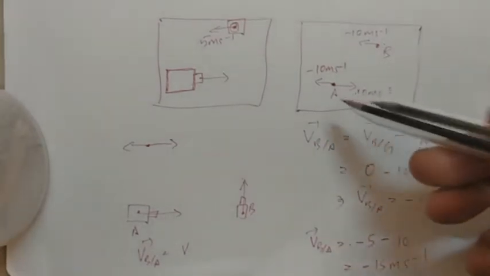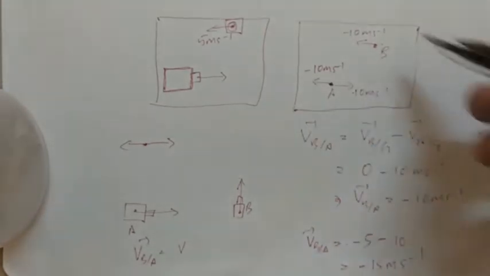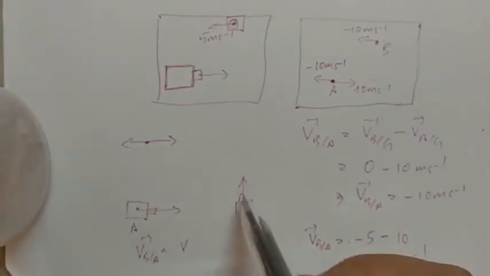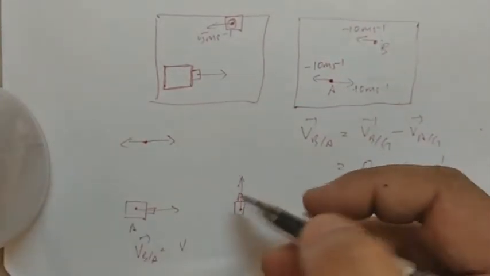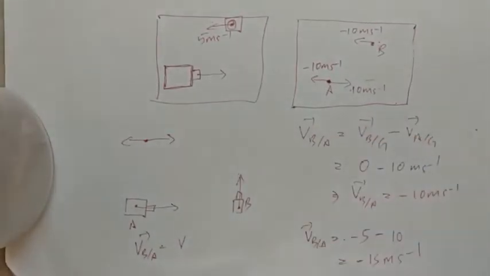Now this was the case when A and B were moving along a parallel line, but if they were moving in some other direction, say, for example, this was another car moving at 90 degrees to this direction, then we need to consider a vector negative.